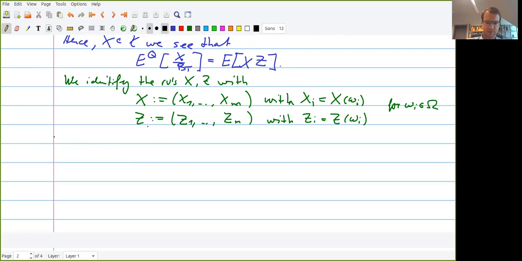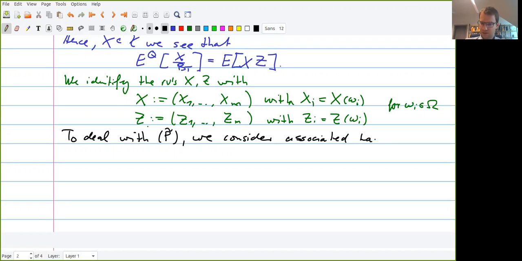So let's deal with p tilde. Well, we know what to do, right? We want to consider the associated Lagrange function, L of x, right?